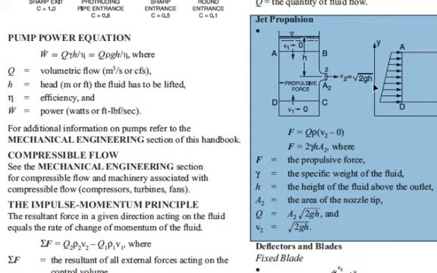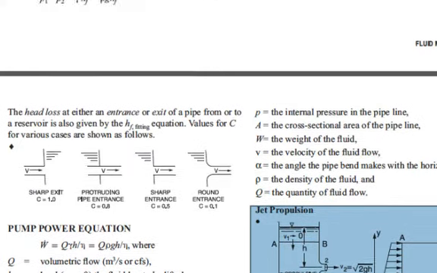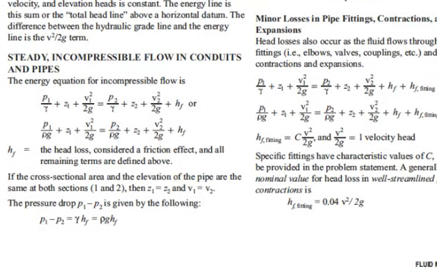So you can just cut to the chase and use the velocity 2 equal to root 2g times h, and then look at what the head loss is through that orifice. But I'm going to do this the old-fashioned way. So anyway, back to this equation. Let's go to here.